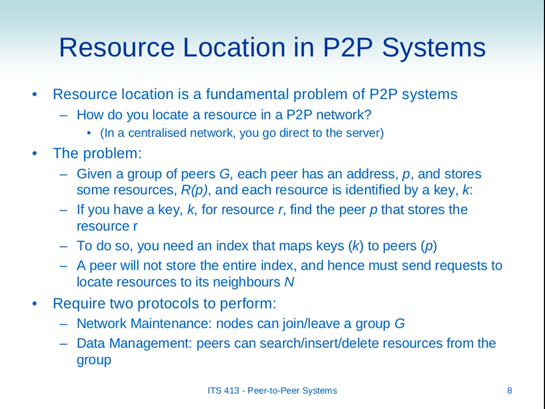Peer 4 wants to find the resource with key K2. How do they find it? What does peer 4 do in our network?